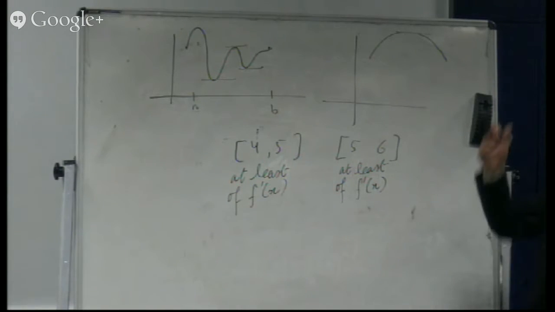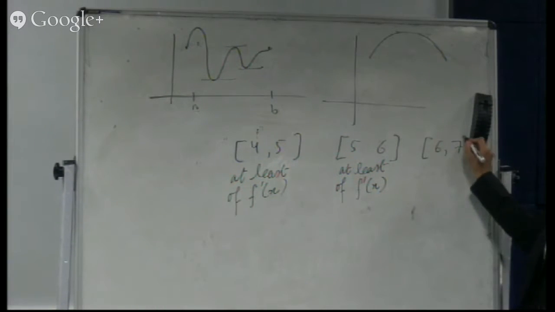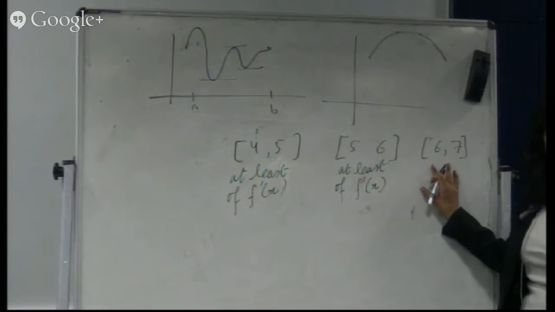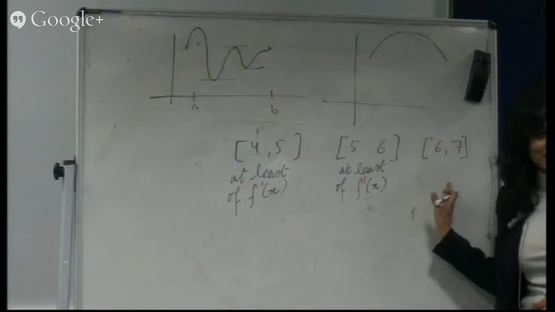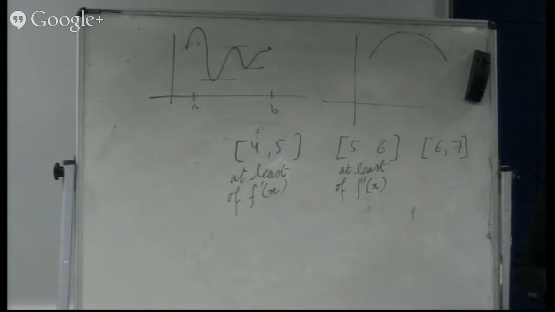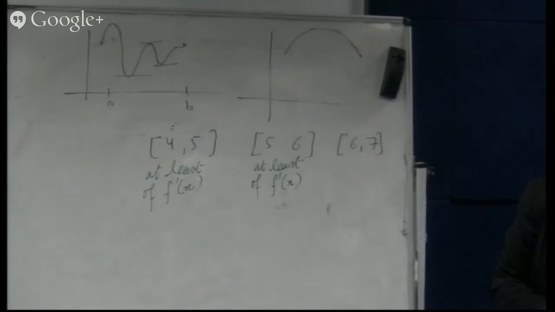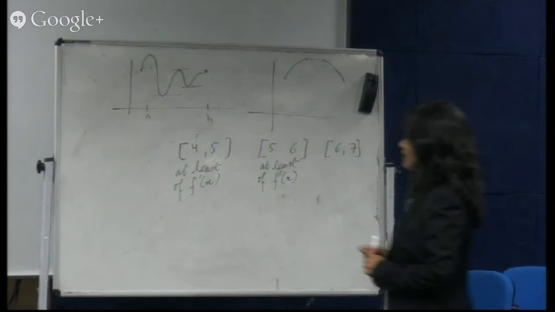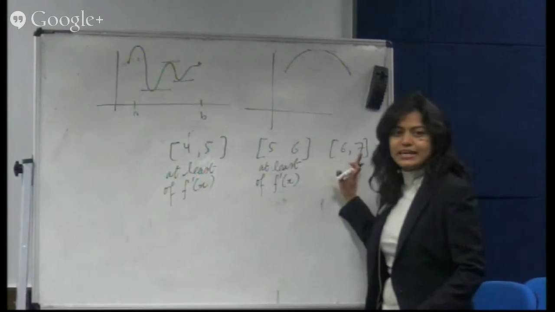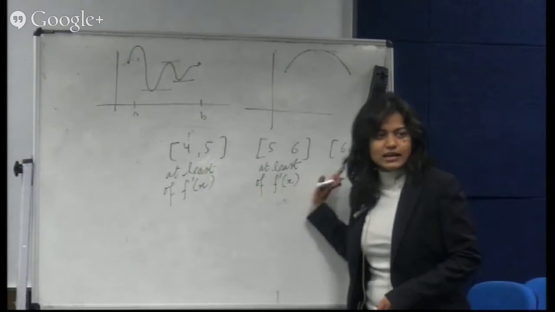Then again applying it in 6 to 7, you will have at least one root in this interval. So at least you have 3 roots. You can have more than that, but f' will be a polynomial of degree 3, right? So it cannot have more than 3 roots. So what it means is exactly one root lies in each of these intervals.